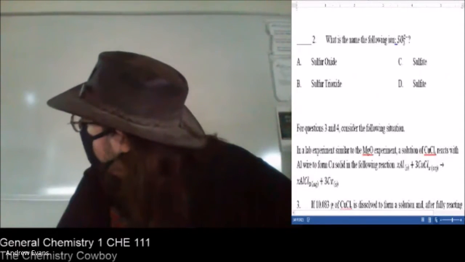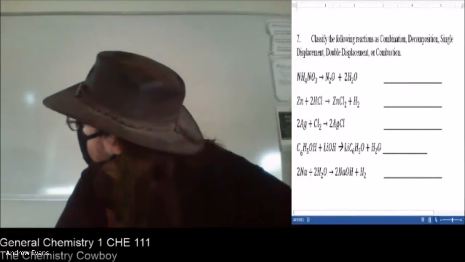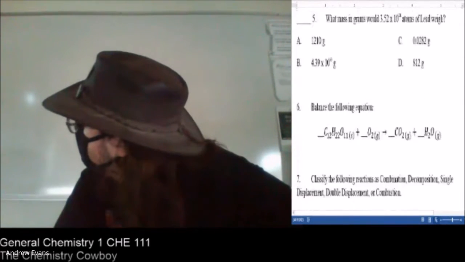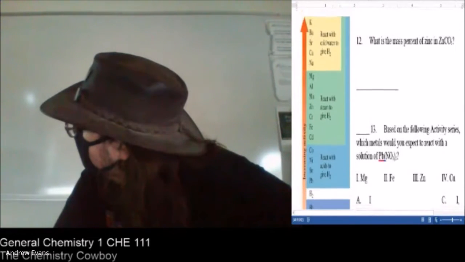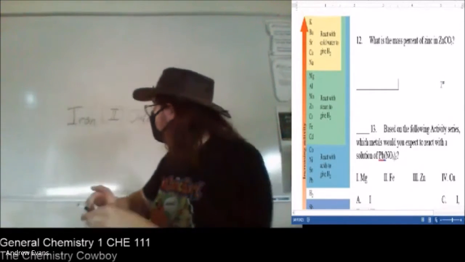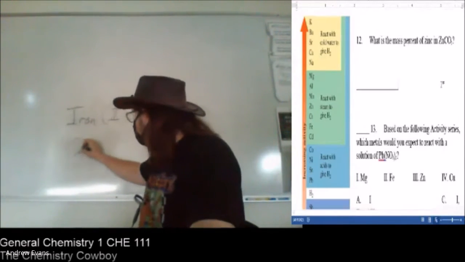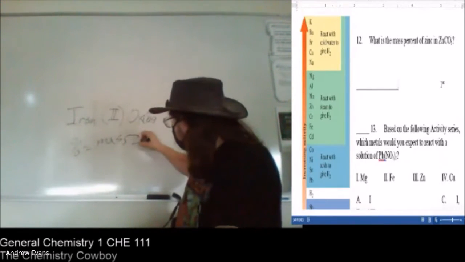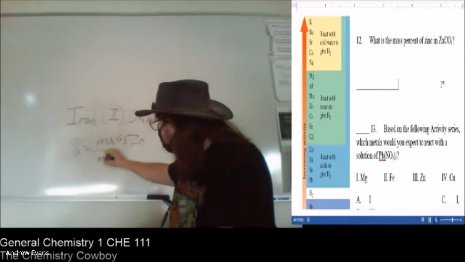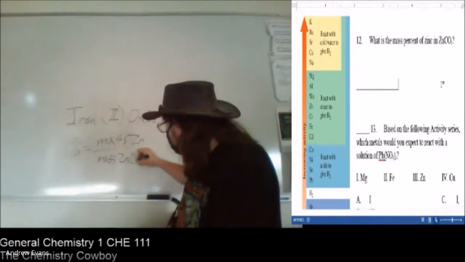It's my fault. Mass percent. Yeah, there we go. The mass percent is going to be the mass of zinc over the mass of zinc carbonate times 100.